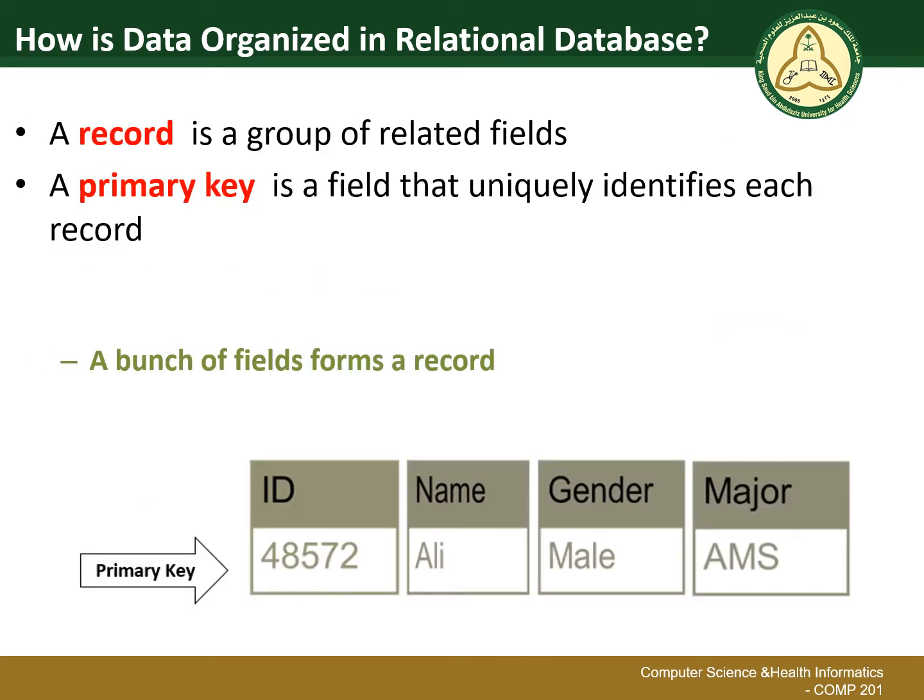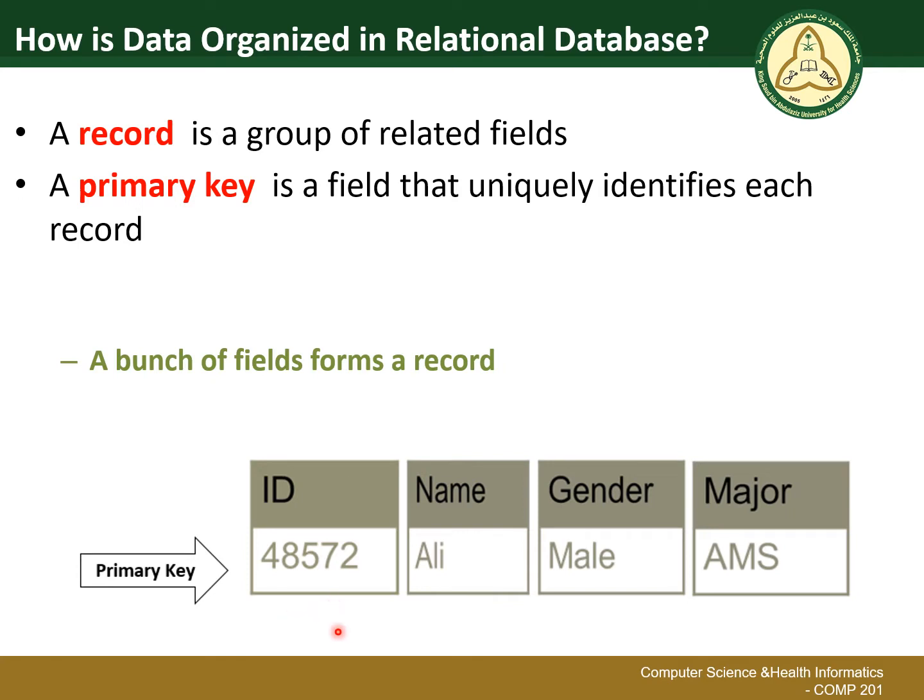After the character and the field, we come to the record. The record is a group of related fields. For example, here you can see that we have multiple fields, and these fields contain data about a specific student.